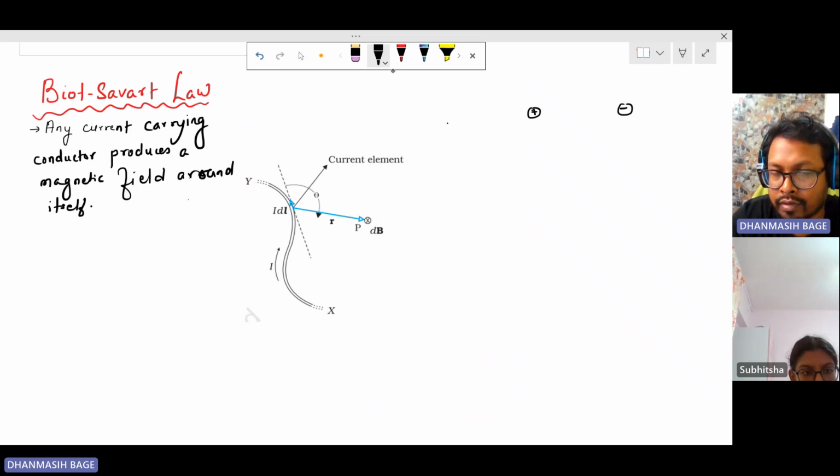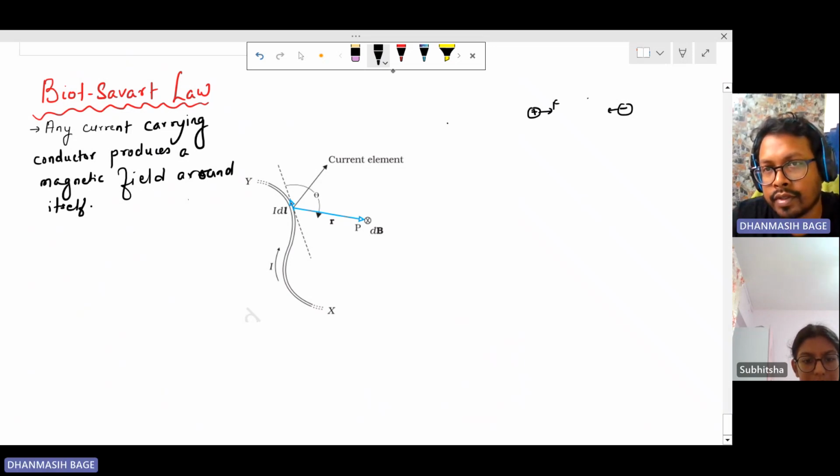Whenever they are brought closer to each other, they apply forces on each other. How do we measure the force? Coulomb's law, right? Coulomb's law helps us to find out exactly how much force they apply on each other.